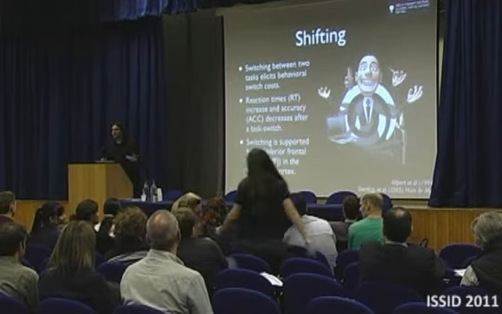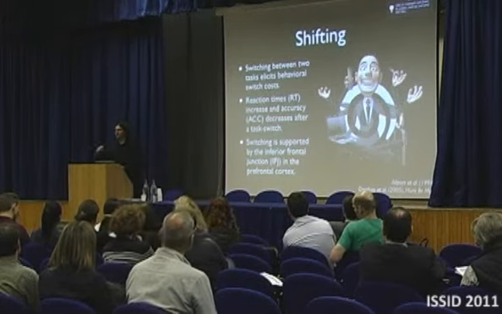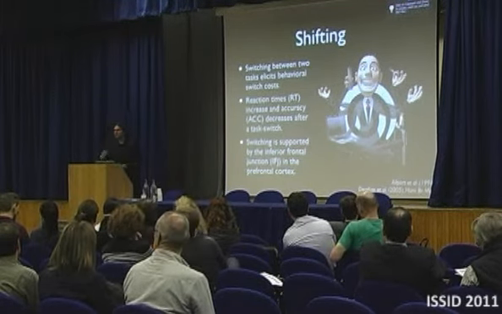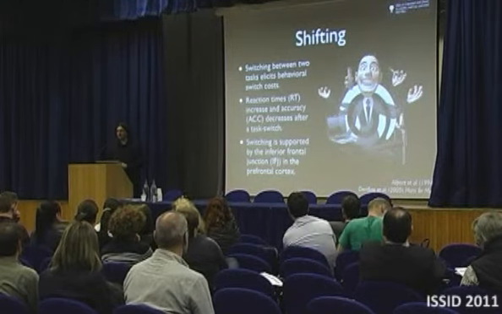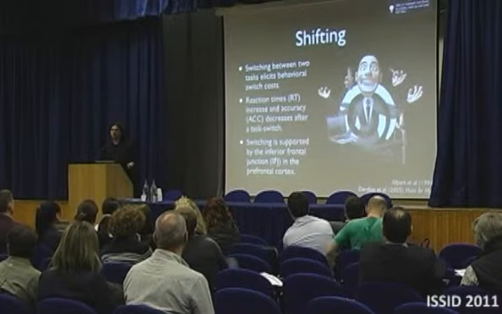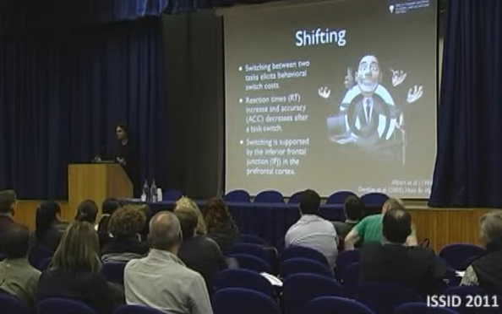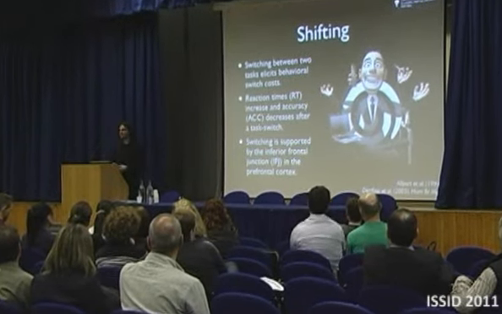Even if you find this very easy, if you are in an experimental laboratory and repeatedly switch between tasks, you can always measure a little bit of a performance decrease whenever a task switch occurs. Performance decrease means that when you measure correct responses, you see an increase in errors, and you also see an increase in reaction time.